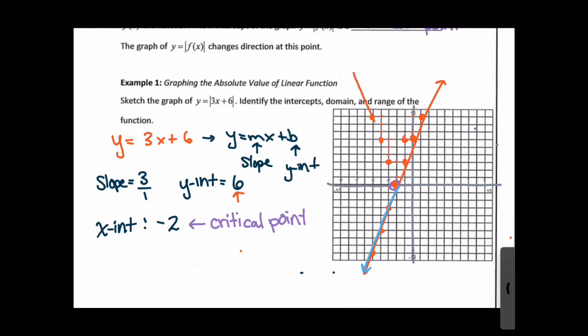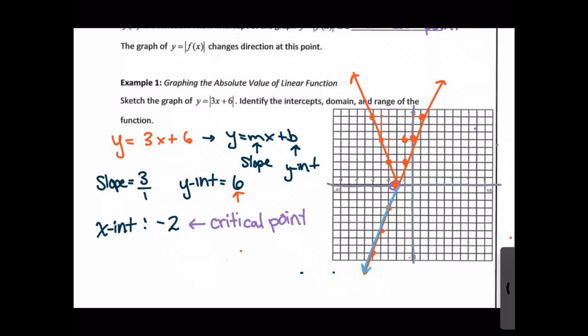So now I've taken the negative portion of my graph and I've now flipped it up to become positive. So this portion here, the blue, has now come up to here. You see that? Do it again. Blue is now turning to here.